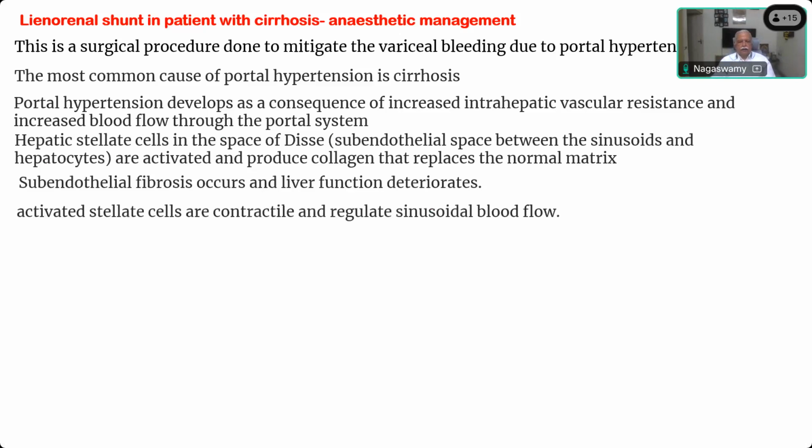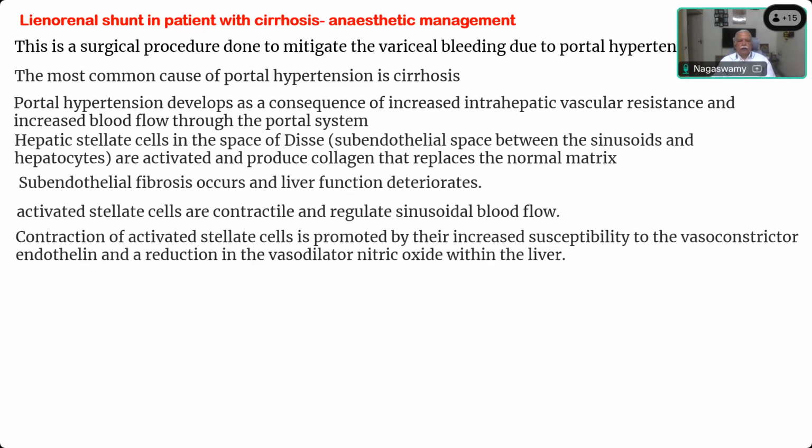These activated stellate cells are contractile in nature and they are able to regulate the sinusoidal blood flow also. The constant contraction of these activated stellate cells is promoted by their increased susceptibility to vasoconstrictor endothelin released from the vascular endothelium, and a reduction in vasodilator nitric oxide within the liver.